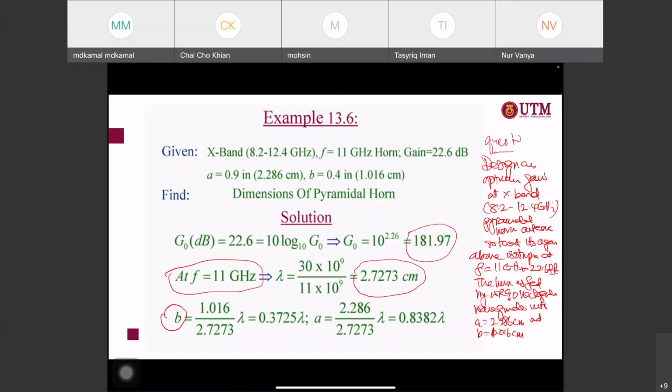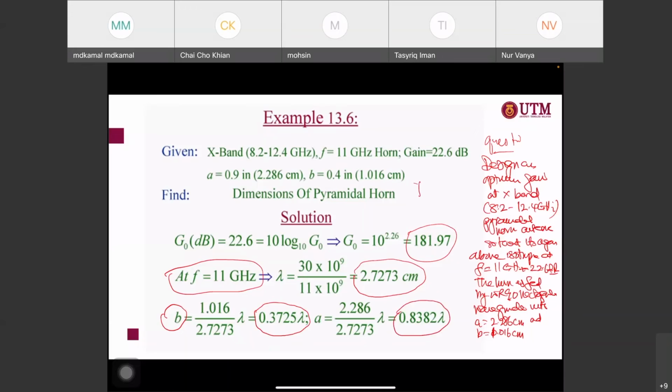We change it in terms of lambda value, so you have to divide by the lambda here. So you will get B is 0.3725 lambda, sorry, and A is equal to 0.8382 lambda. So we have changed it already.